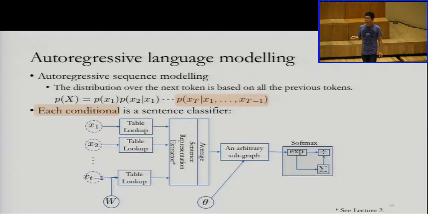Then you can use any one of the five text representation modules that we talked about to get a single vector, which is fed into some arbitrary subgraph that outputs real values. How many of them? As many as there are unique tokens in the vocabulary. And you apply the softmax function to get the actual probabilities.